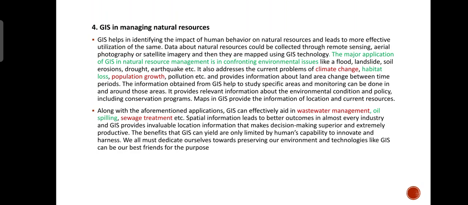The major application of GIS in natural resource management is in confronting environmental issues like flood, landslide, soil erosion, drought, earthquake, climate change, habitat loss, population growth, etc. Along with the aforementioned applications, it can effectively aid in wastewater management, oil spilling, sewage treatment, etc.